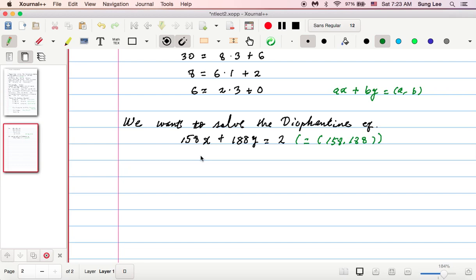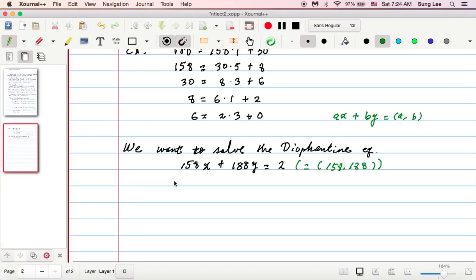But later on, we are going to study finding all solutions. Once we find one solution, then we can find all the rest of the solutions, and we will talk about that later on, not in this lecture, but in a later lecture. So stay tuned.